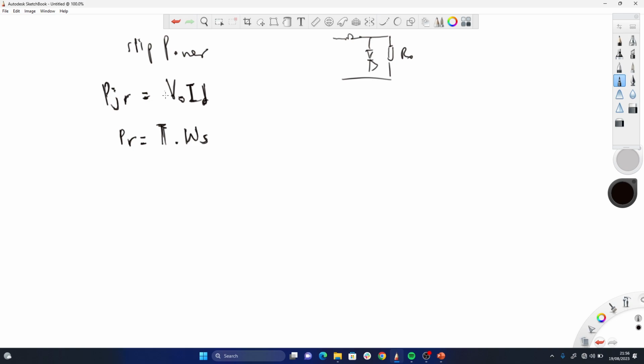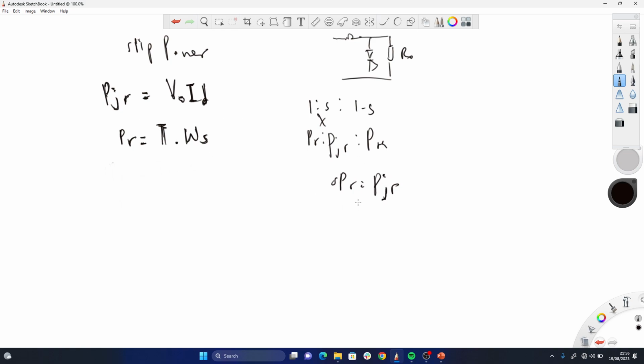And I know that from the ratio 1 is to S is to 1 minus S, I have PR, PJR is to PM. From here, PR times slip. So S PR is equal to torque times omega S. So S PR is equal to PJR, right? Okay.